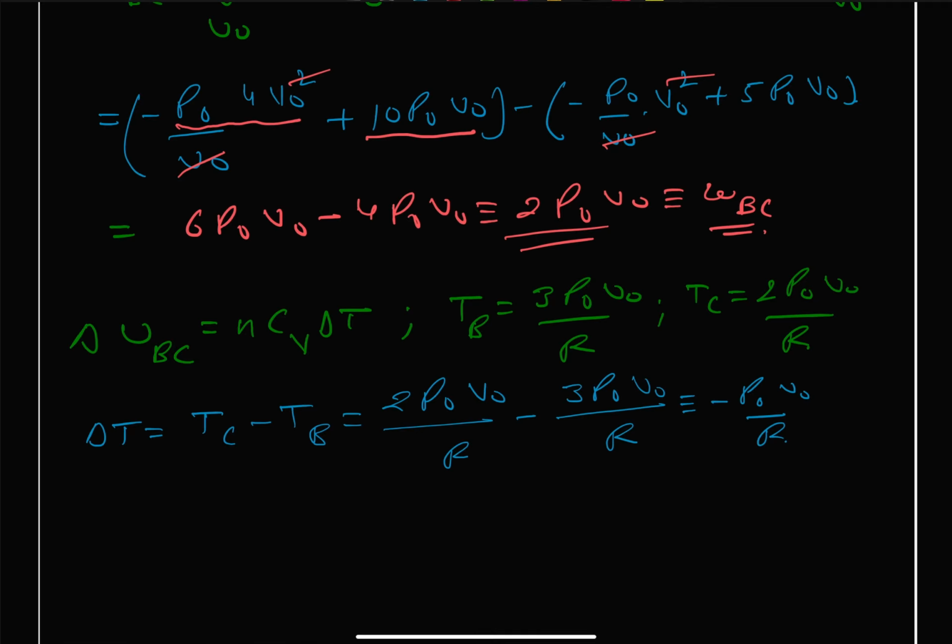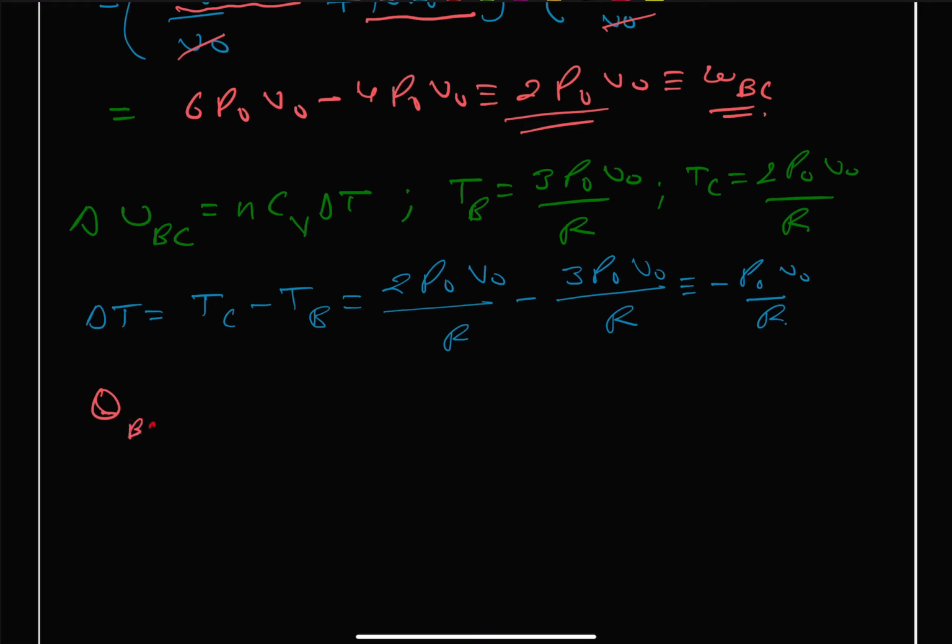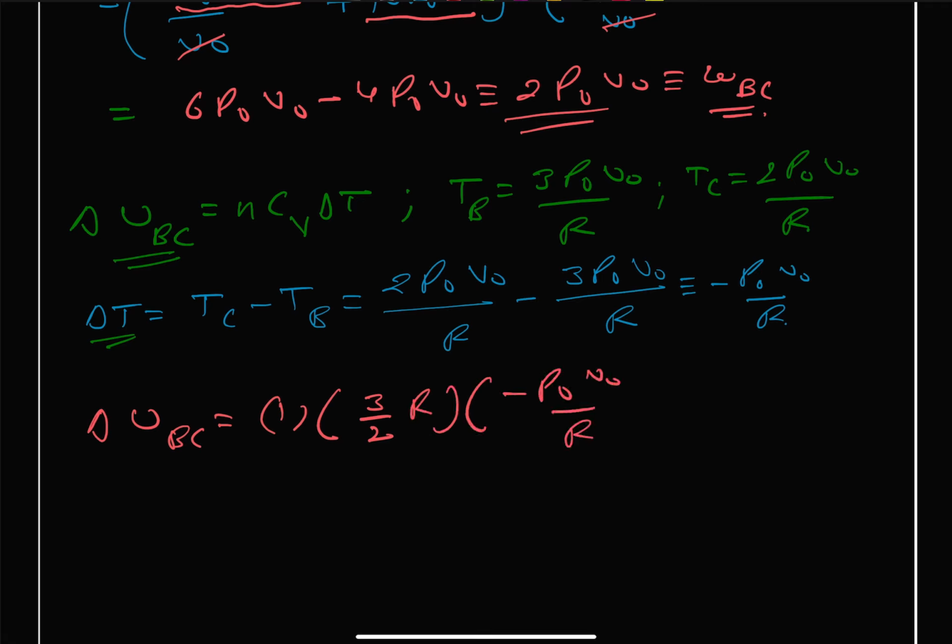Now we can find our QBC. I only found delta T, so we substitute it, and we get the change in internal energy equal to number of moles 1, times 3/2 R, times minus P naught V naught upon R. R and R cancel out, so this comes as minus 3/2 P naught V naught.